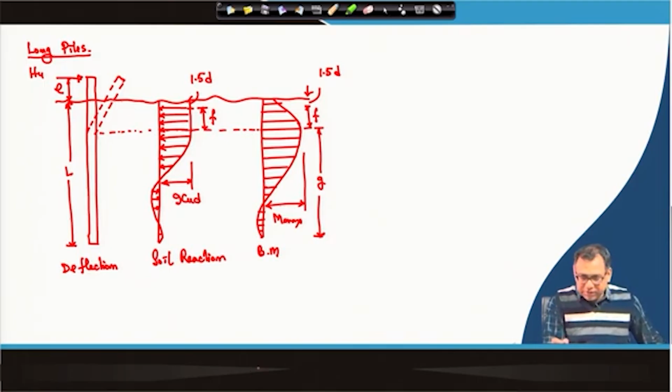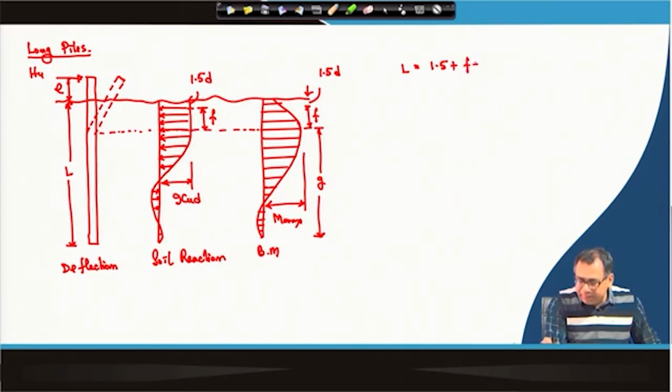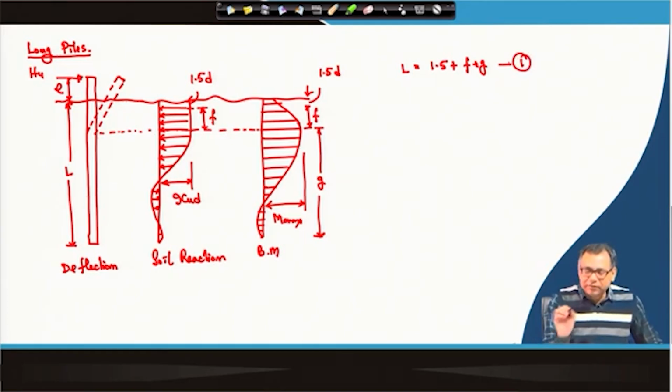So what equations are valid here? Equation 1: for the long pile, L is equal to 1.5 D plus F plus G. I am writing again 1, 2, 3, 4. So 1 is valid.